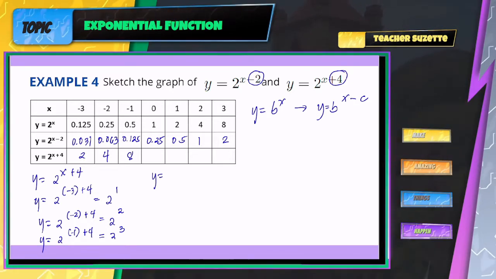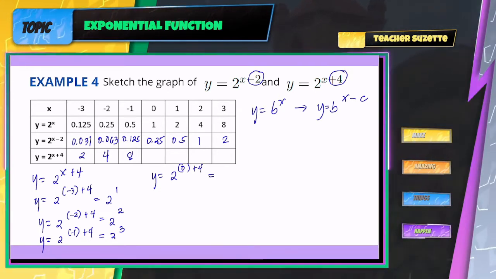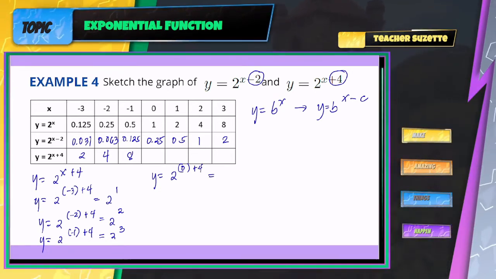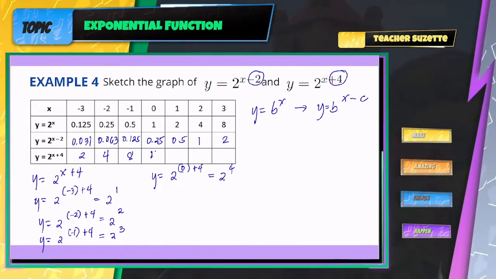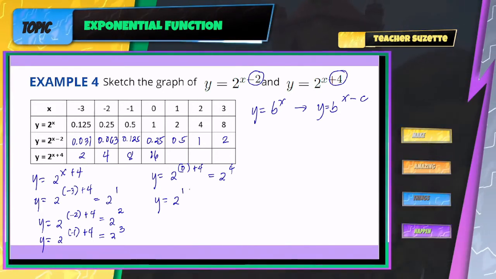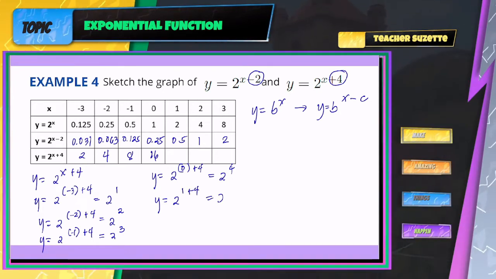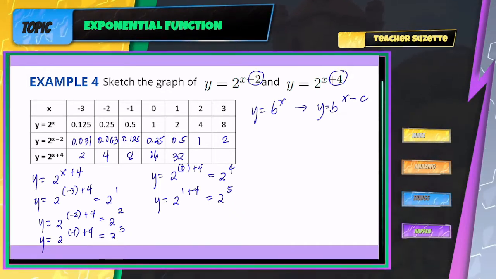Next, y is equal to 2 raised to 0 plus 4, which is equal to 2 raised to 4. And 2 raised to 4 is equal to 16. Next, we have 2 raised to 1 plus 4. 1 plus 4 is 5. So, 2 raised to 5 is equal to 32.